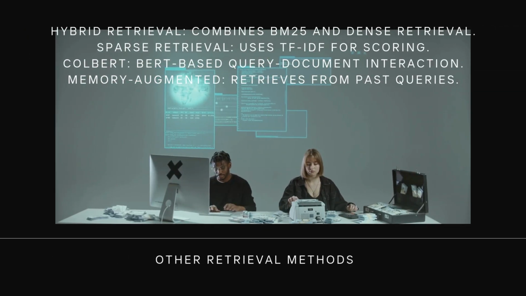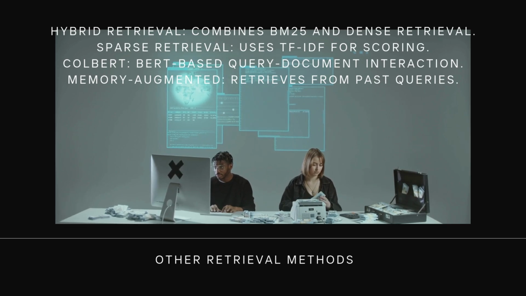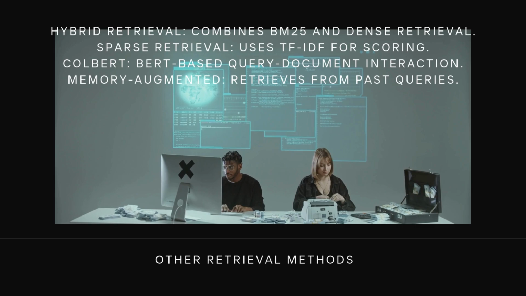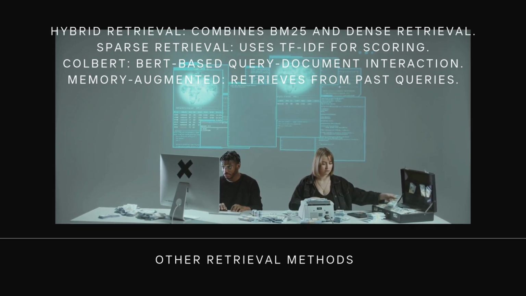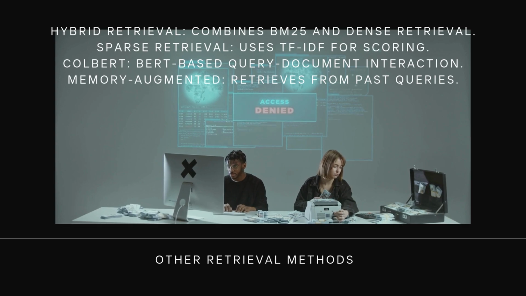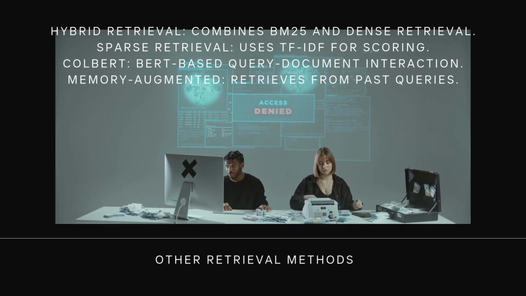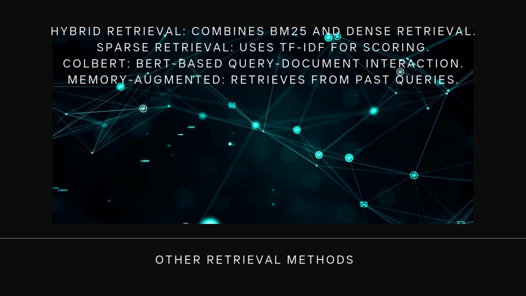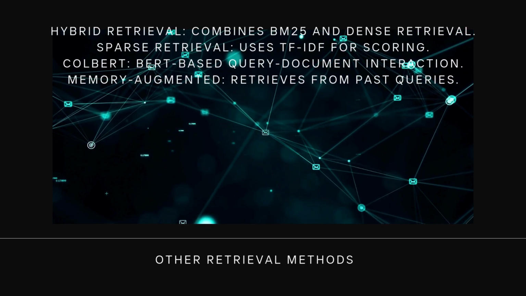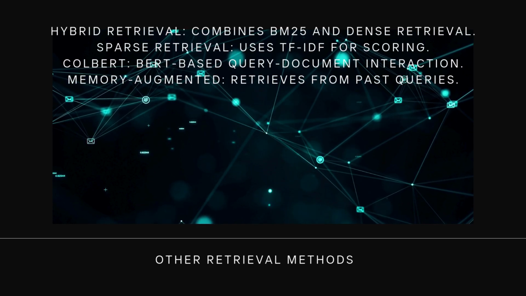Other retrieval methods. Beyond BM25 and dense retrieval, several other mechanisms play essential roles in modern AI pipelines. Hybrid retrieval combines BM25 and dense retrieval, leveraging the strengths of both methods to improve recall and precision. Sparse retrieval uses sparse vector representations, like in TF-IDF, term frequency inverse document frequency, to score documents.